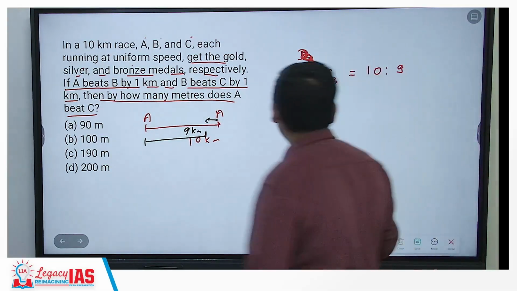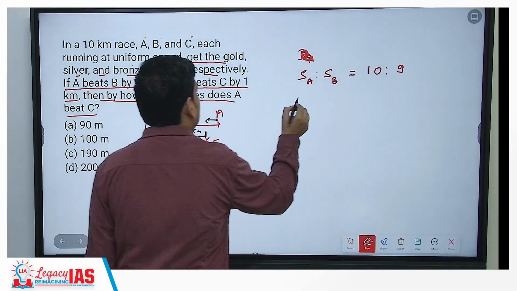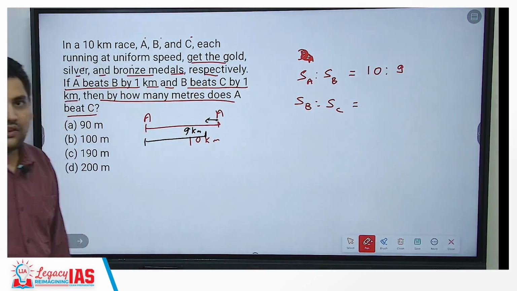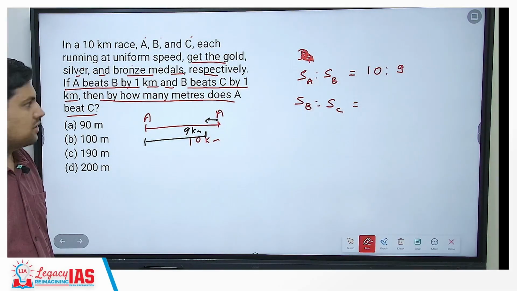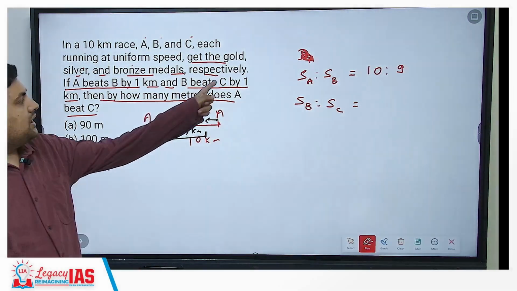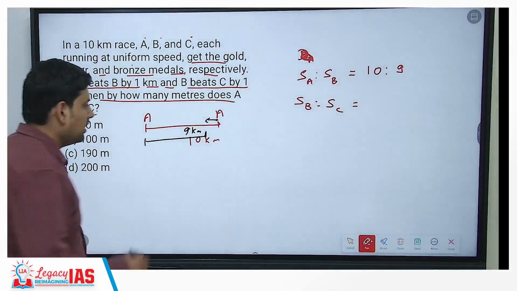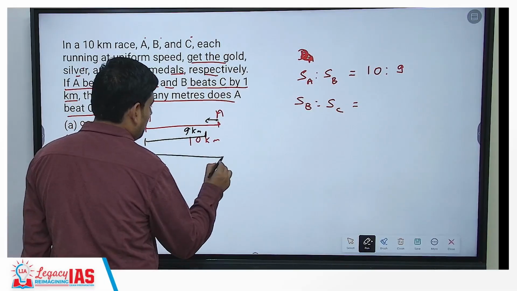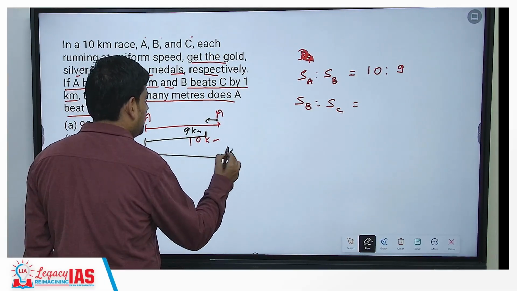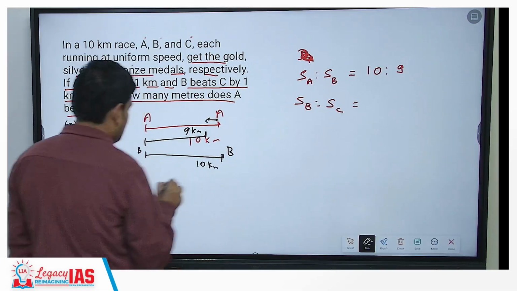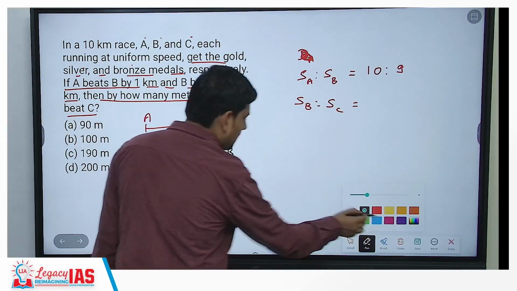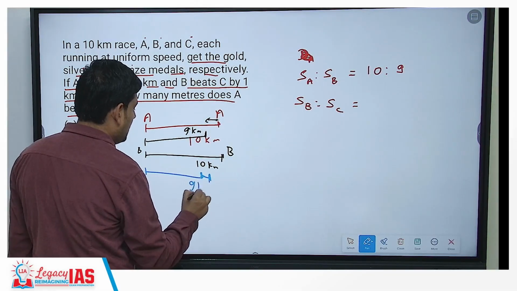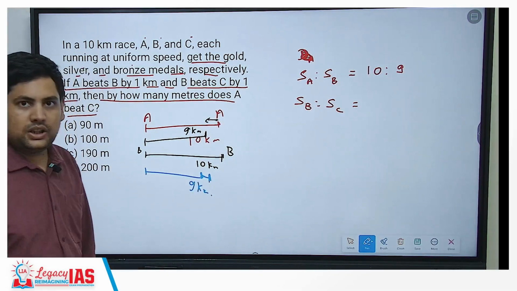Now once you get this 10 ratio 9, similarly you can find speed of B and C also, their ratio. So what it says, and B beats C by 1 kilometer. That means when B reaches 10 kilometers, C has traveled 9 kilometers, or is 1 kilometer behind.